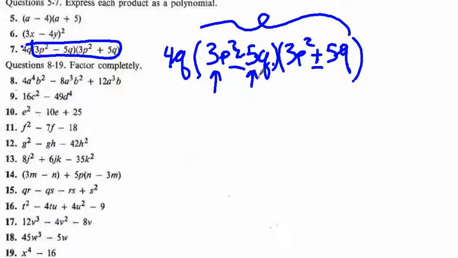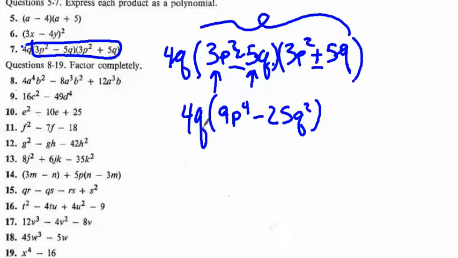So 3p squared squared is 9p to the fourth. Negative 5q times positive 5q is going to be negative 25q squared. And so now I have to deal with a 4q.